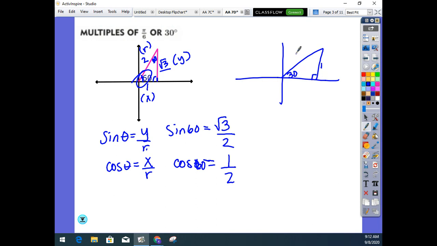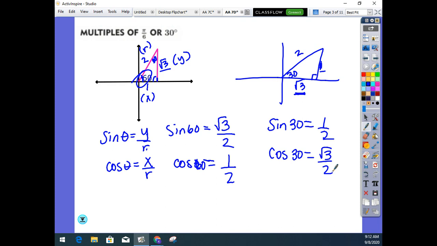Across from 30 is 1, 2, square root of 3. So notice with 30 and 60, it's really just the x and the y that get traded. So sine of 30 is y, 1 over 2. Cosine of 30 is x, square root of 3 over 2.